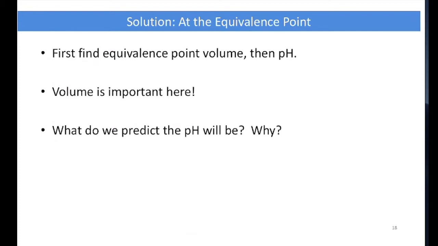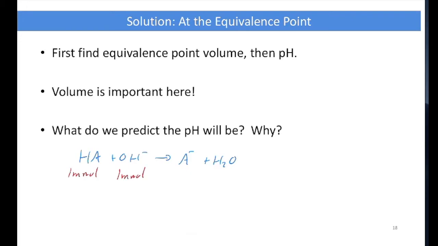So if we write out the reaction that we have initially, we have HA plus OH minus, and that's going to produce A minus plus H2O. Now what happens when we've added enough OH minus to react with all the HA? So we know we have 1 millimole of HA. So if we added 1 millimole of OH minus, what's going to happen?